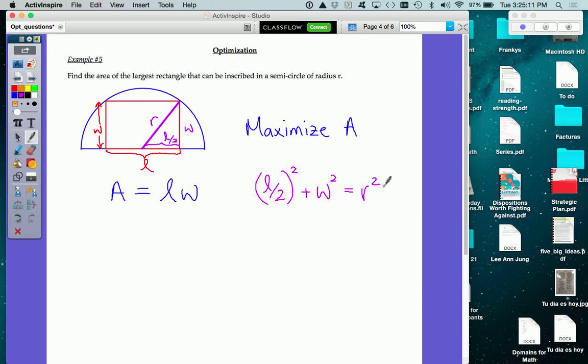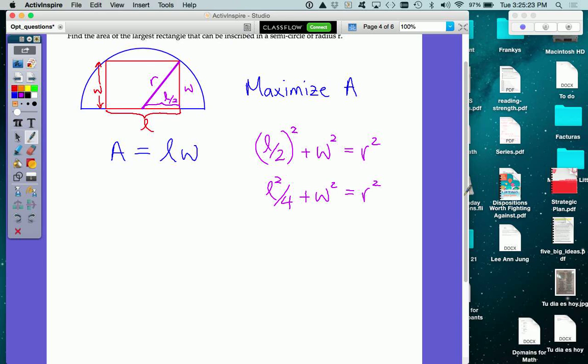So if I simplify this a little bit, I now get L²/4 + W² = R². I don't really love that I've got a fraction in this, and so I might multiply the whole thing through by 4. And I'm going to get L² + 4W² = 4R².